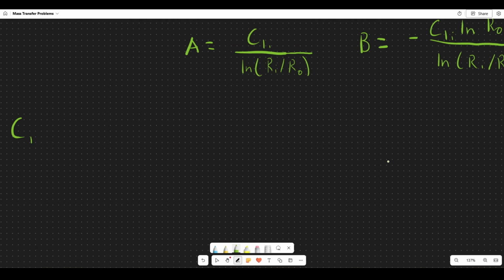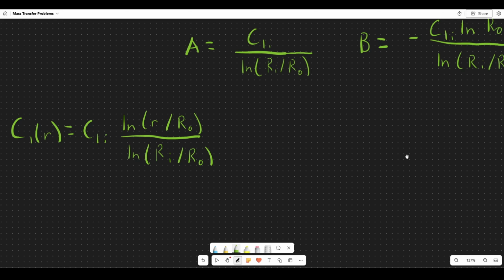So C1 is a function of R, and that equals C1i times ln of R over R naught divided by ln of Ri over R naught.